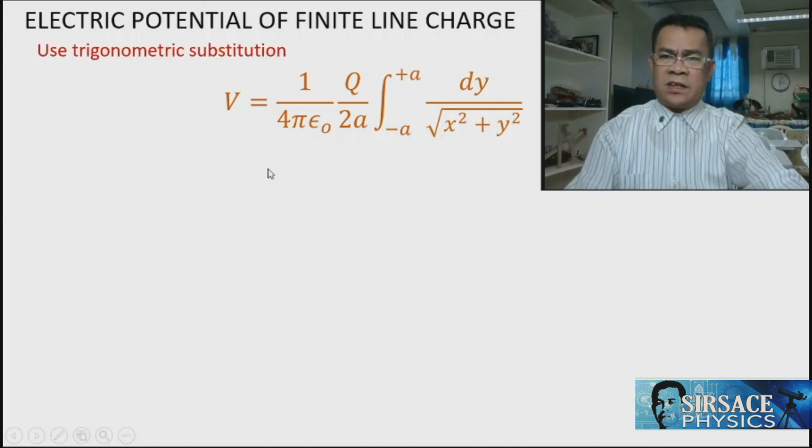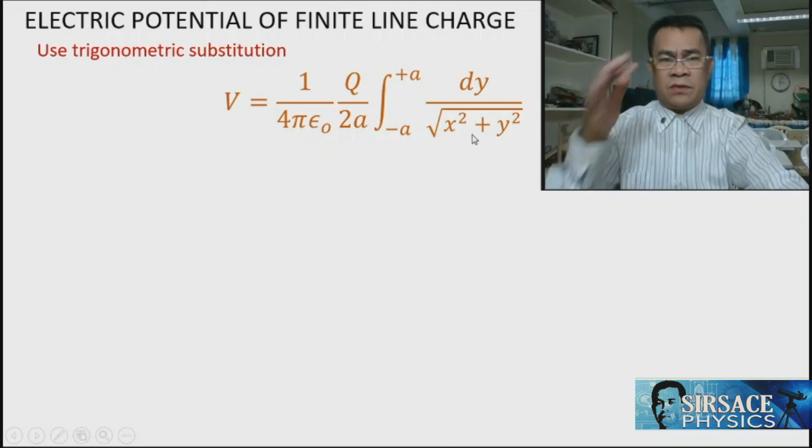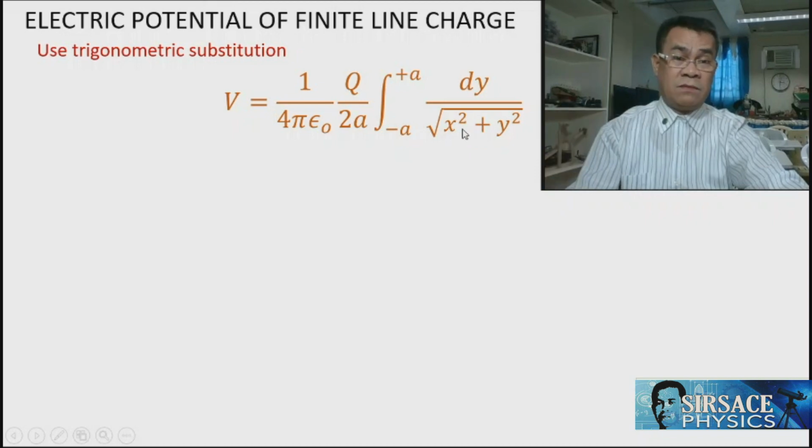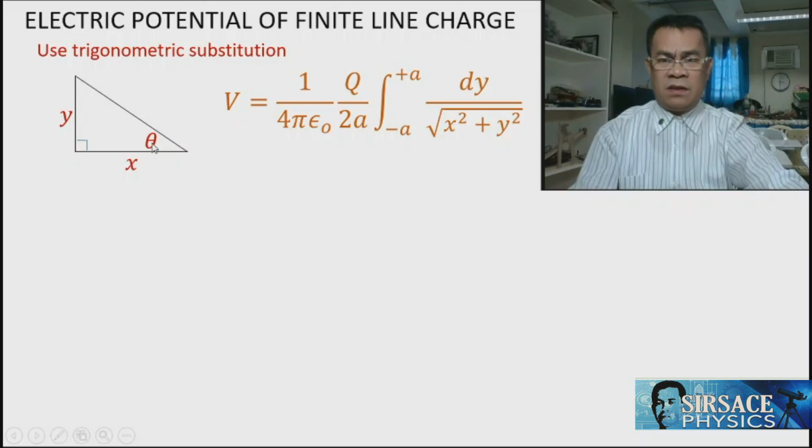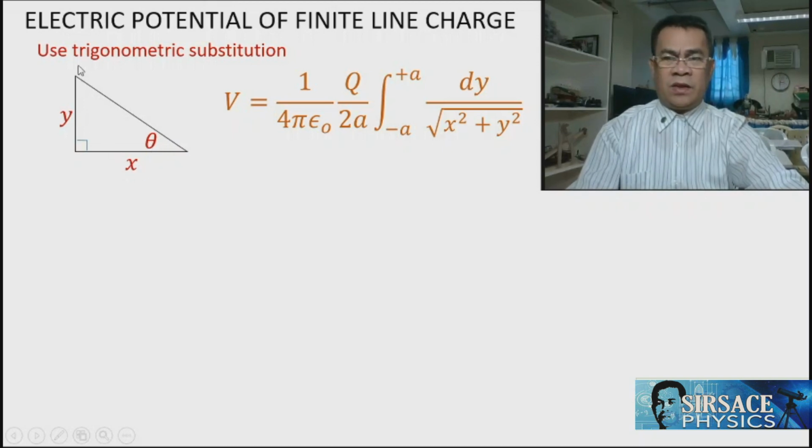The strategy is we will use trigonometric substitution, involving a right triangle. Because we have x squared and y squared, we can form a right triangle with angle theta, sides x and y, and the hypotenuse is the square root of x squared plus y squared.